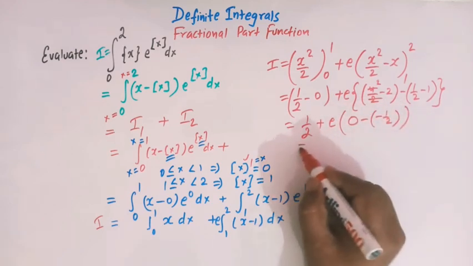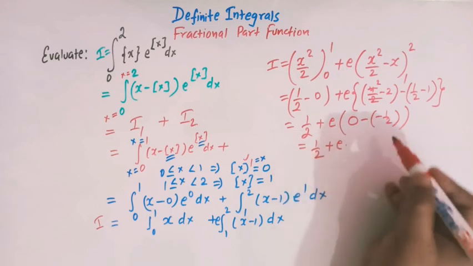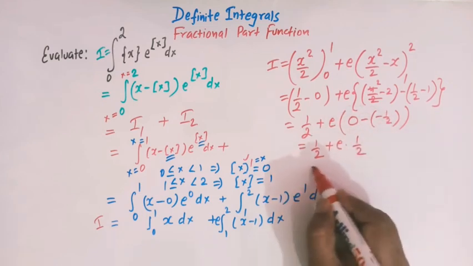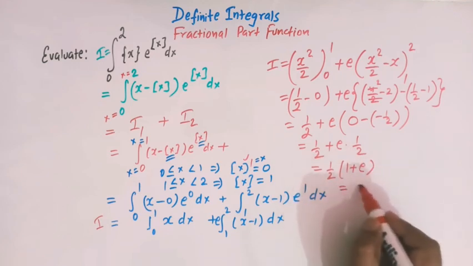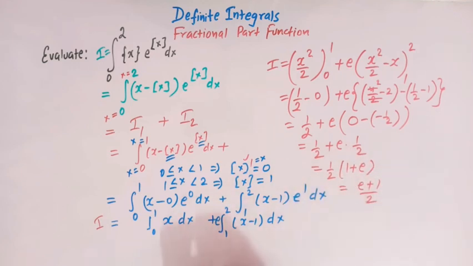So this is half plus e times half, which is half times 1 plus e, or e plus 1 over 2.